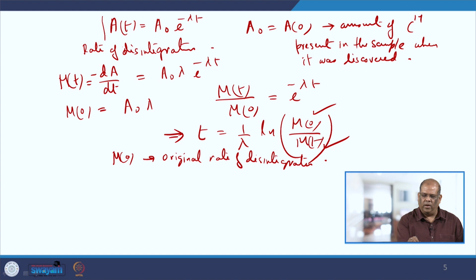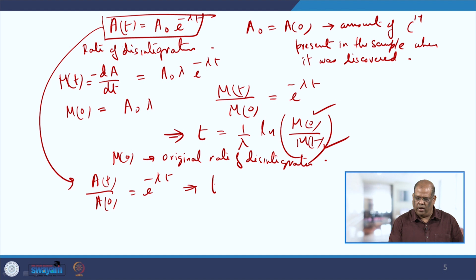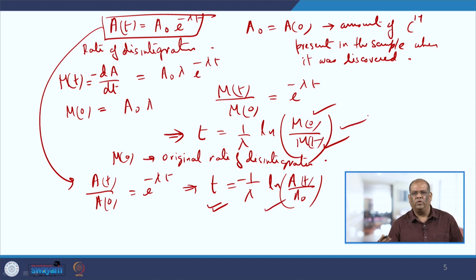The same can be told from here also: we get A(t) by A0 equal to e to the power minus lambda t, and from here also t can be calculated as 1 by lambda ln of A0 by A(t). So you can calculate the approximate age of the given sample using either of these, depending on which information is available to you.